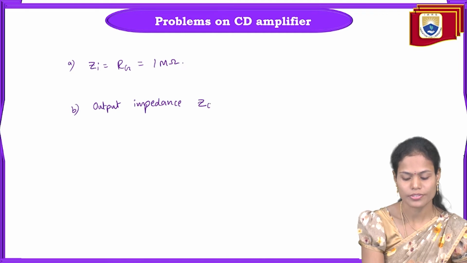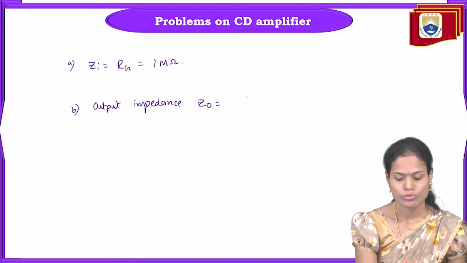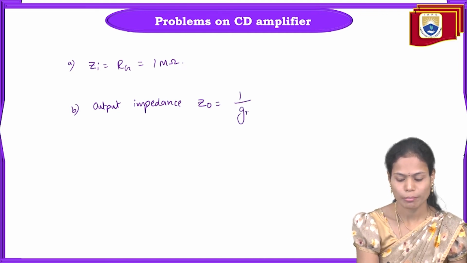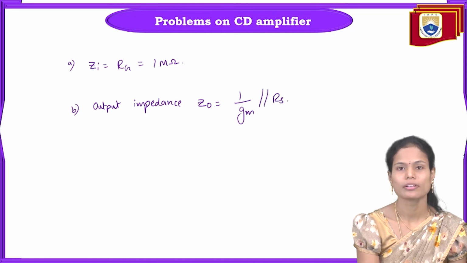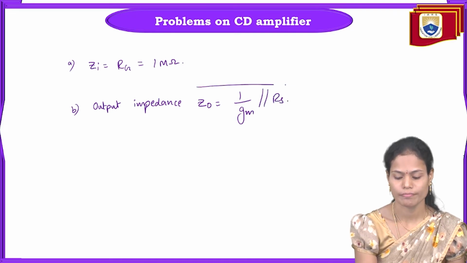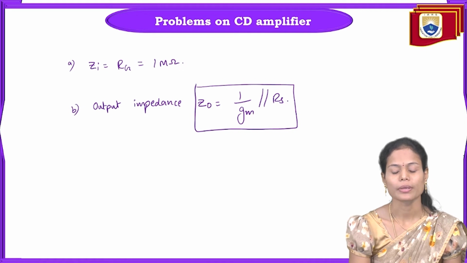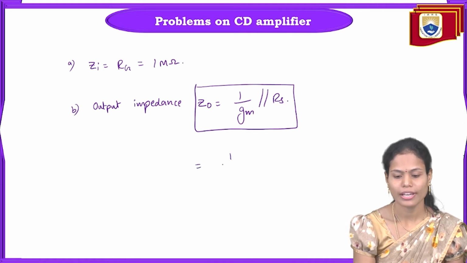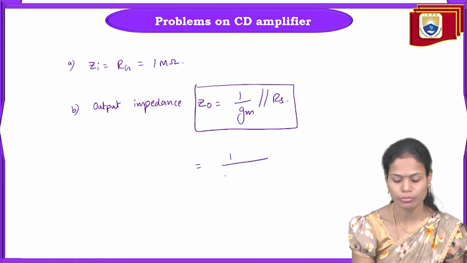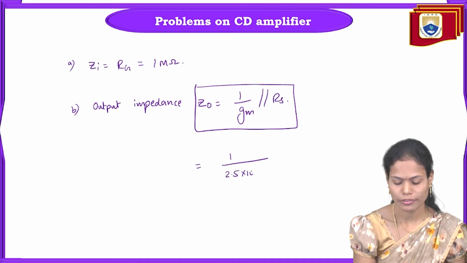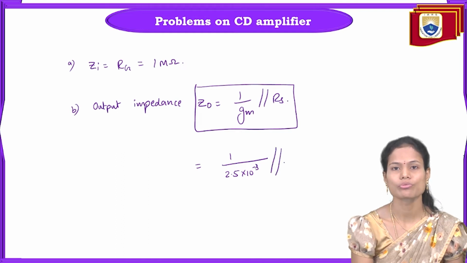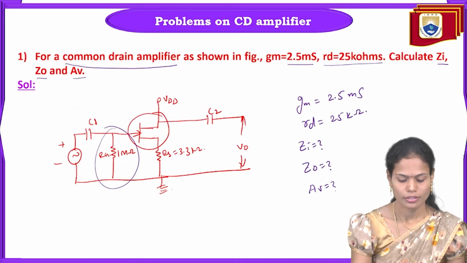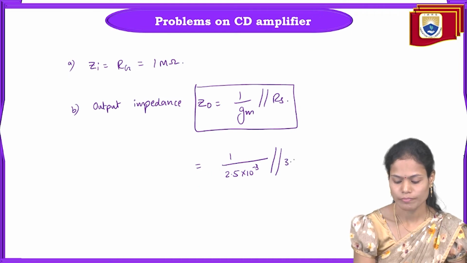that is Z0. Here it is 1 by gm in parallel with the source resistance. The gm value is given as 2.5 into 10 power minus 3, and this will be in parallel with the source resistance 3.3 kilo ohms.